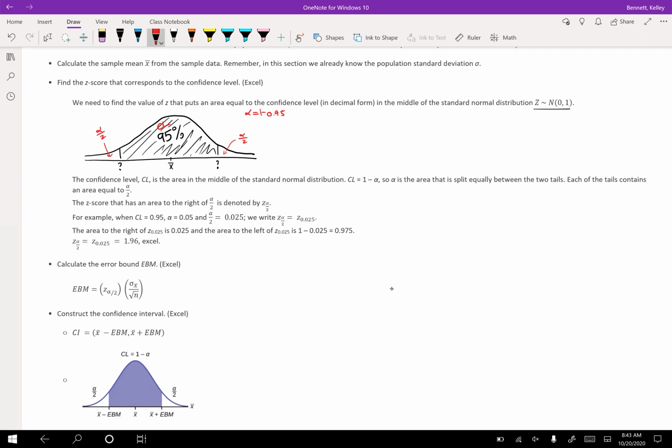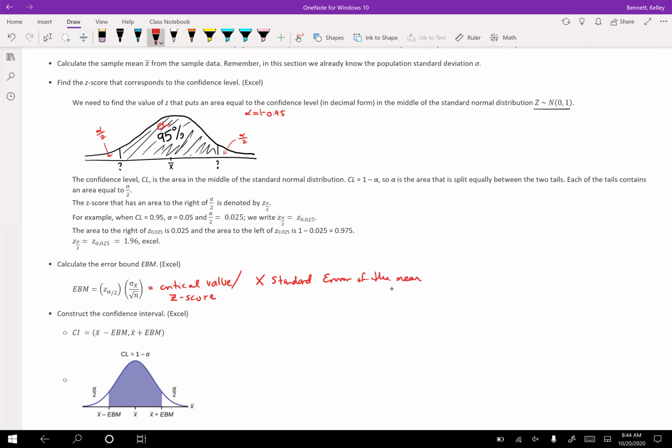The next thing we have to do is calculate the error bound. Basically, this is just your critical value, or your z-score, times the standard error of the mean.